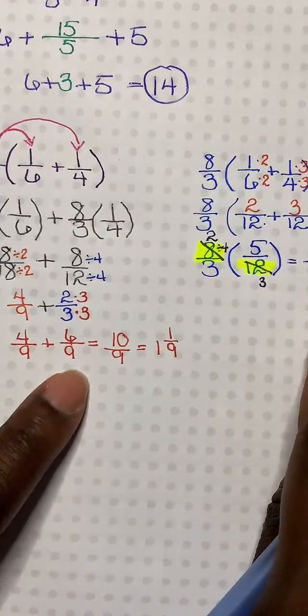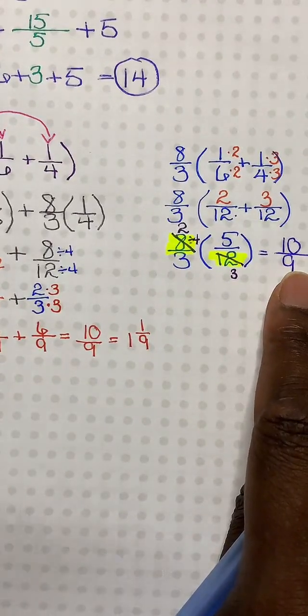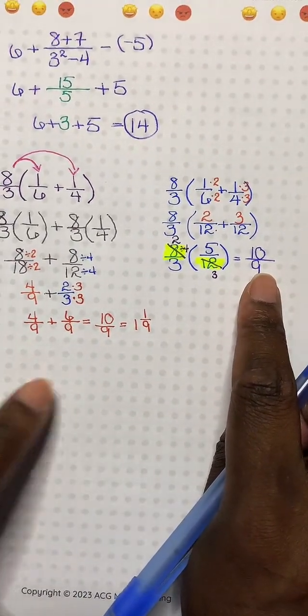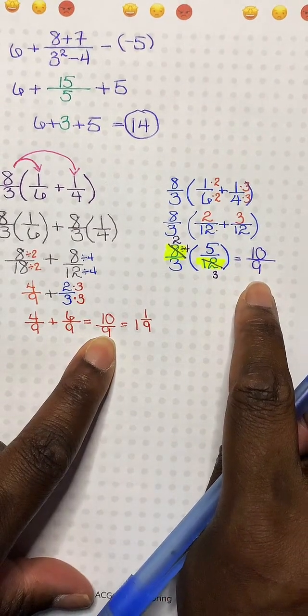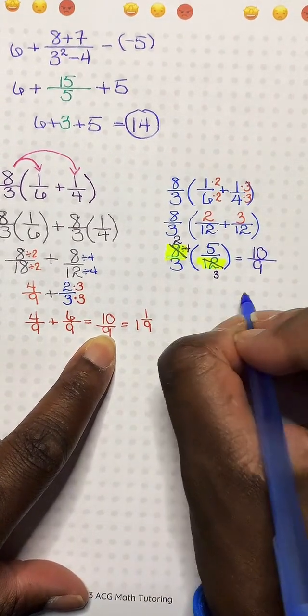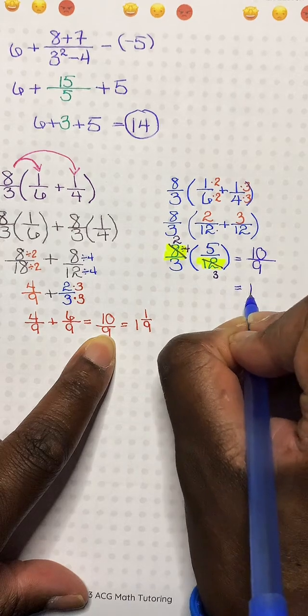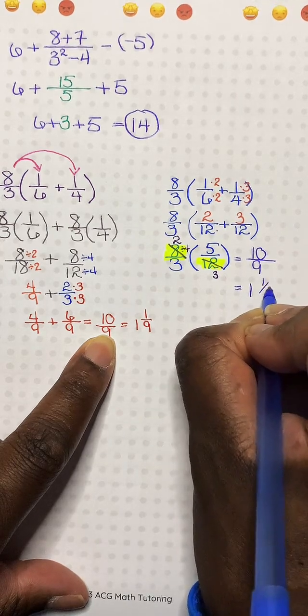And that gave us the same answer that we got from the first time. Which, if you wanted to reduce it into a mix, that'll give you 1 1/9.